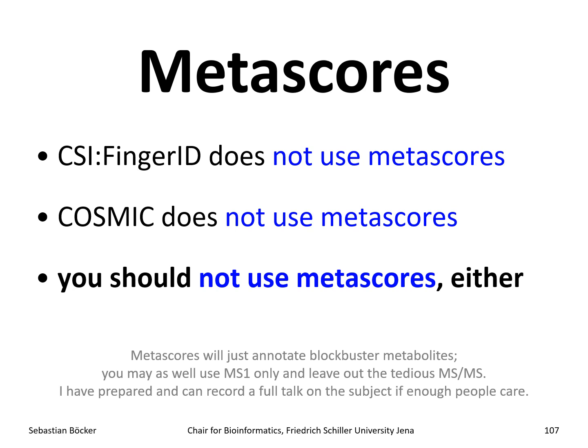Metascores, except for the meta, there's nothing about metadata in them. Okay, so metascores, in my eyes, are a very, very dangerous thing. To this end, we don't use them. CSI FingerID does not use them. Cosmic does not use them. I mean, it doesn't make sense for Cosmic anyways.